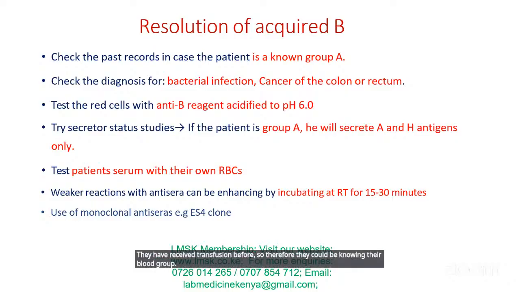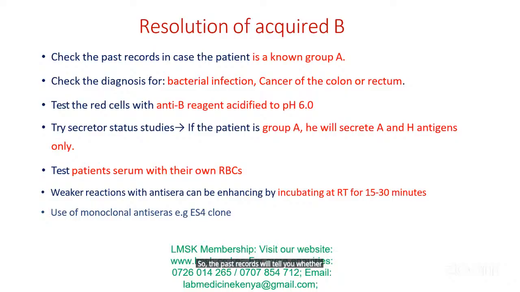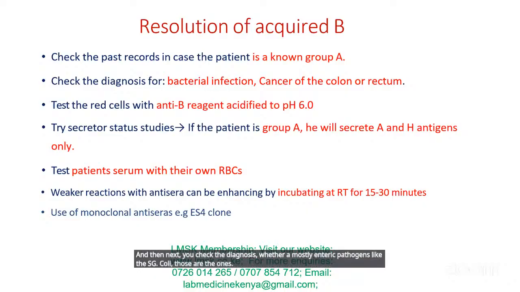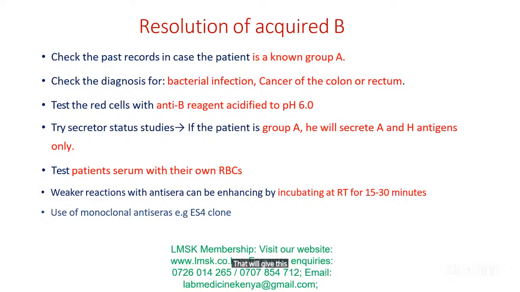The past records will tell you whether this patient was a non-group A patient. Then next, you check the diagnosis, since mostly enteric pathogens like Escherichia coli are the ones that give this deacetylase enzyme. So you check the diagnosis for bacterial infection, or cancer of the colon or rectum.